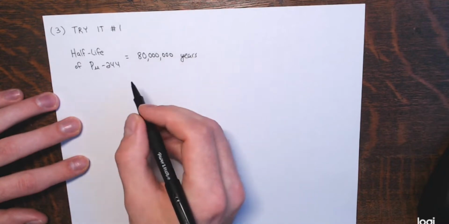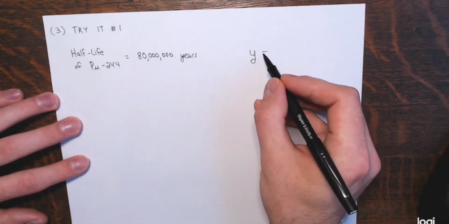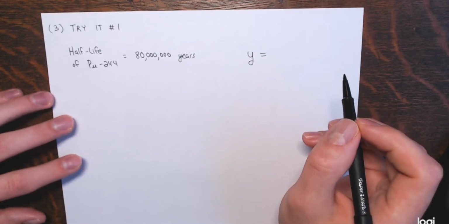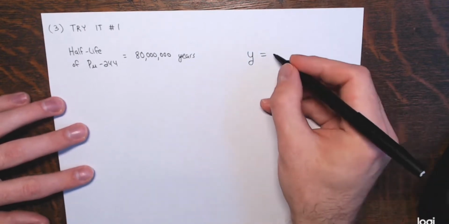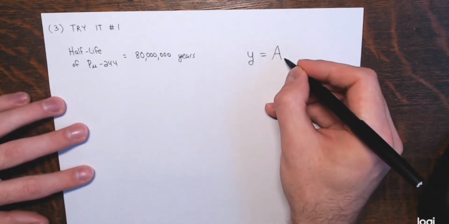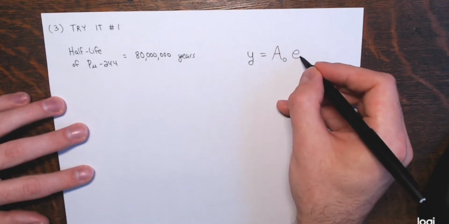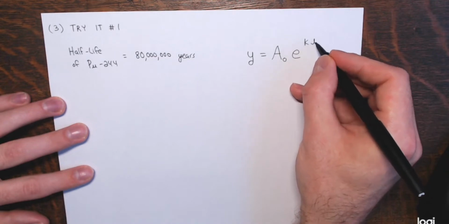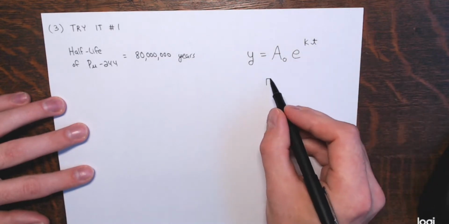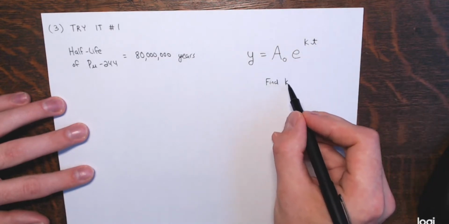And again, the same model, and it's going to come back being basically the same stuff as the last example. But y equals some initial amount, which again, we're not given here. So all we need to do is find the value of k, right, times e to the kt. And we need to find k.